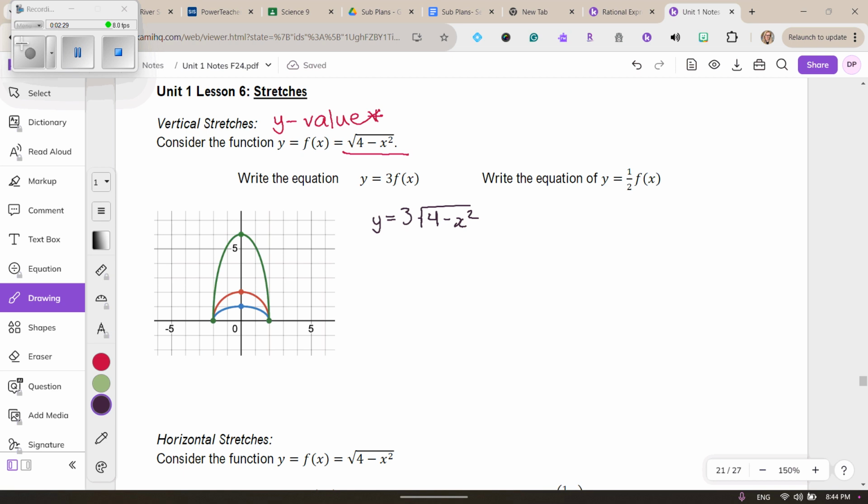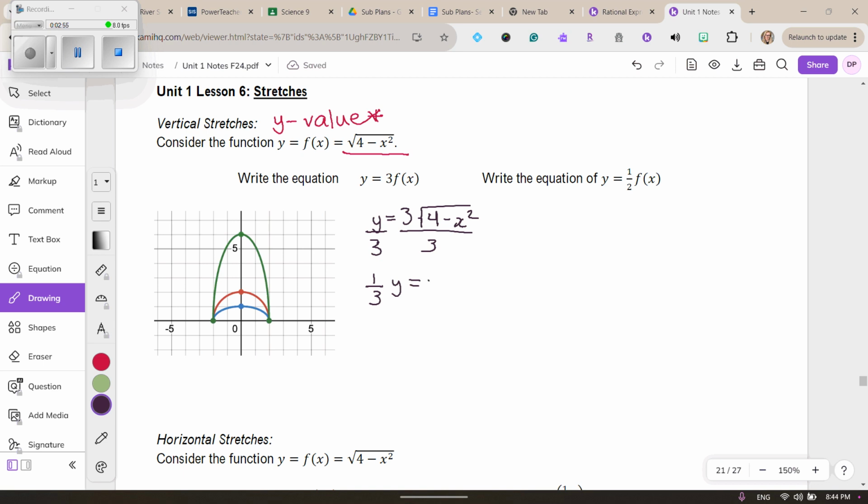Now, because the 3 is not directly attached to the x, we know this has to be affecting a y value. So to see just how it is affecting the y value, let's move the 3 to the other side. Remember, another way to write y over 3 is 1 over 3 multiplied by y.